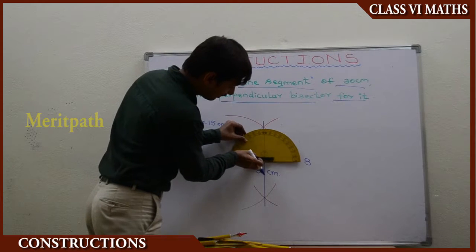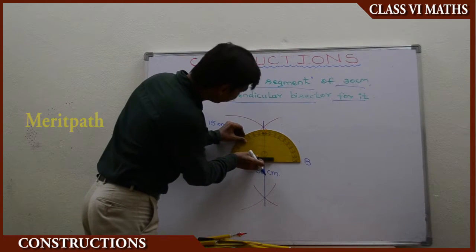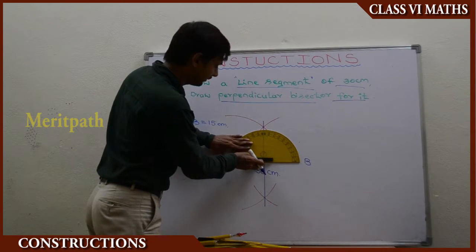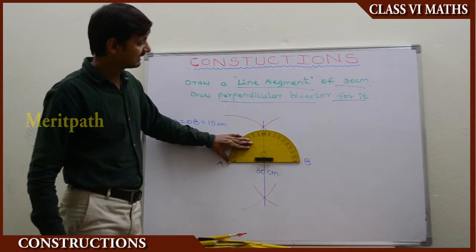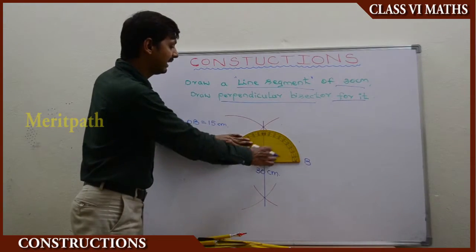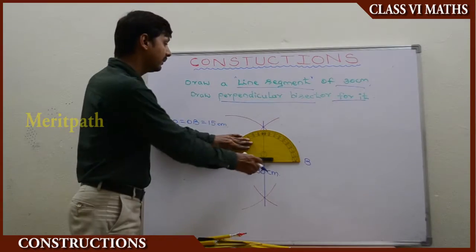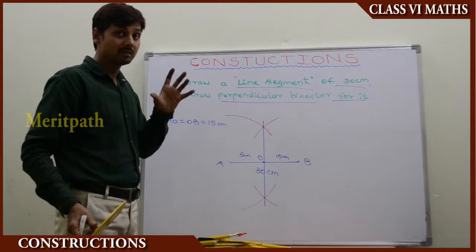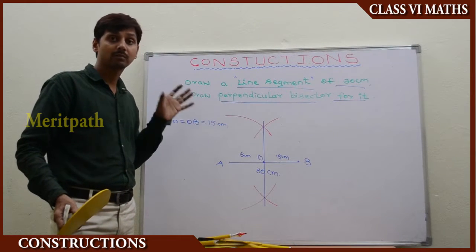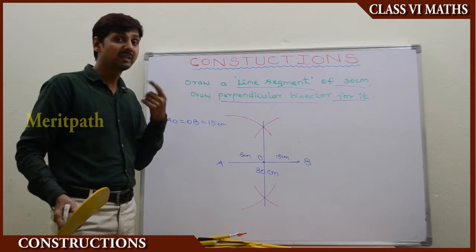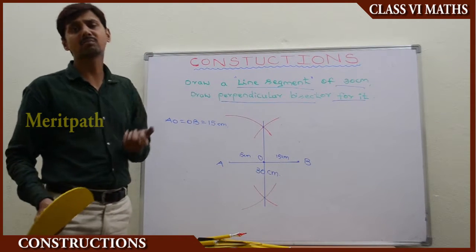We place it exactly, and we can observe this is exactly 90 degrees. This line is making 90 degrees with the line segment AB. The bisector is making an angle of 90 degrees with the line segment AB, so we call this a perpendicular bisector.